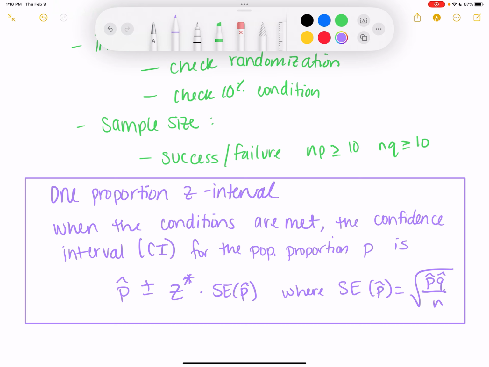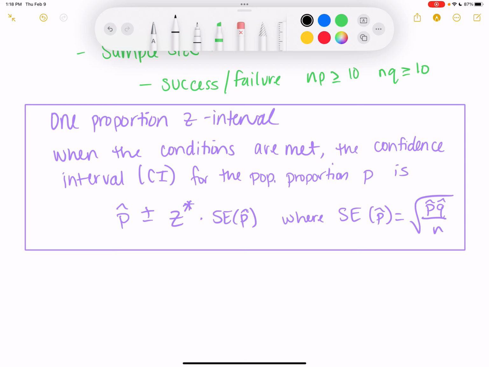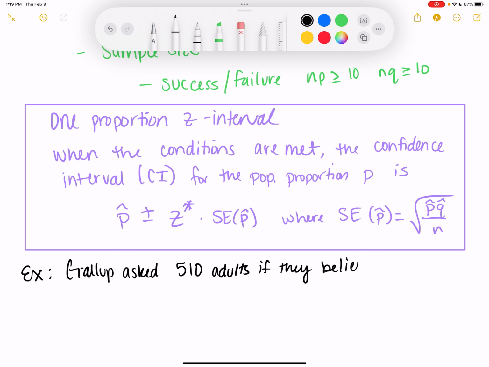All right, so an example. Gallup asked 510 adults if they believe the death penalty is applied fairly.